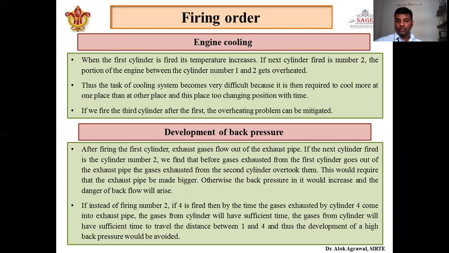So from all these three parameters that we have seen, definitely after firing cylinder 1 it should not be cylinder 2 which is fired. So it can be either 3 or 4, depending upon optimization, doing a number of runs, and considering these three parameters to get their minimum values, means engine vibration will be minimum, engine cooling requirement will be minimum, and development of back pressure will be minimum.